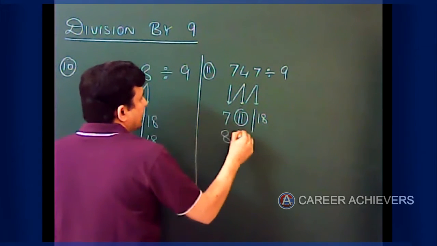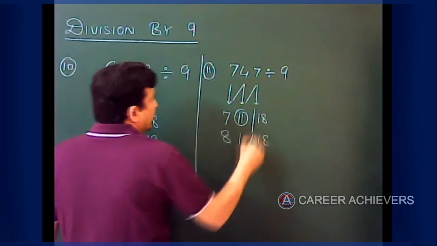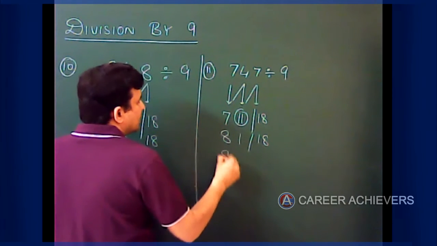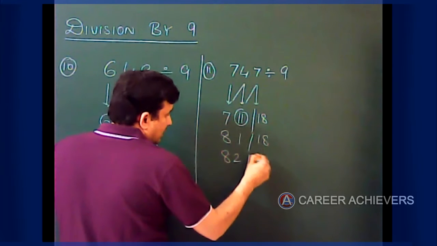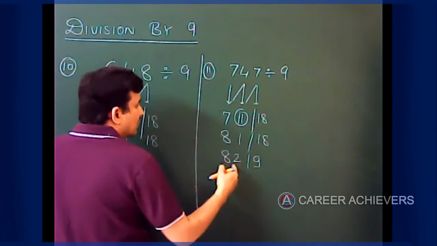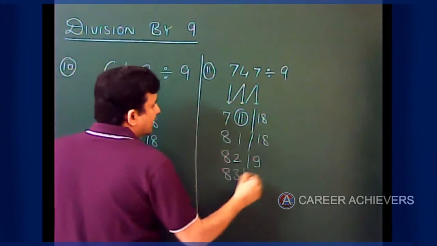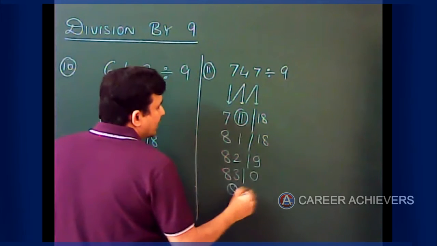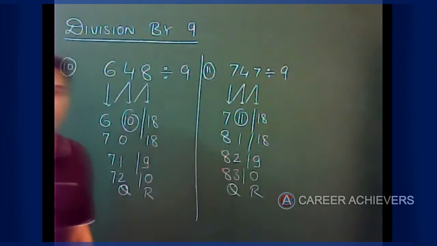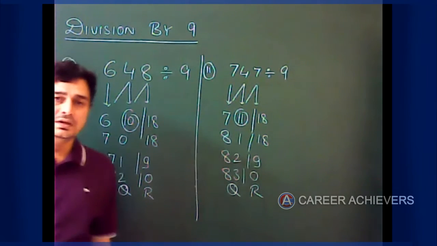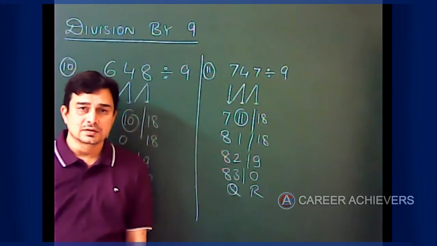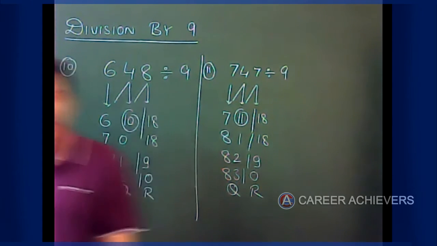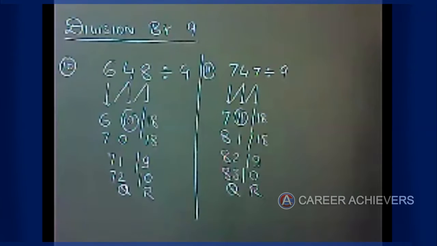This becomes 8, 1 and 18. 1 will come this side, this becomes 82 and 9. Again this one will come this side, 83 and 0. So 83 is the quotient and 0 is the remainder. Clear this one? Yes, sir. Fine. Just note down these two examples as well.